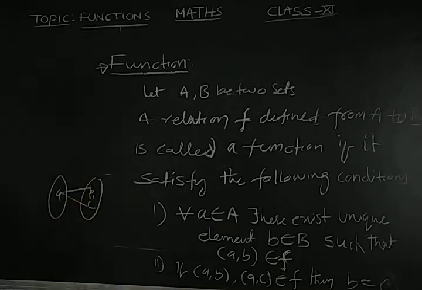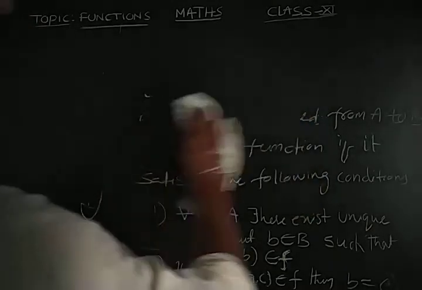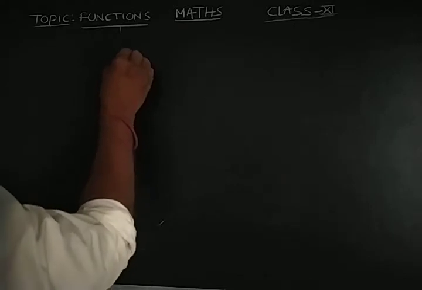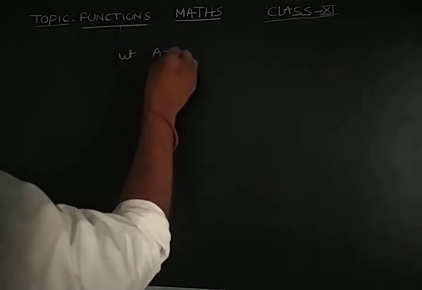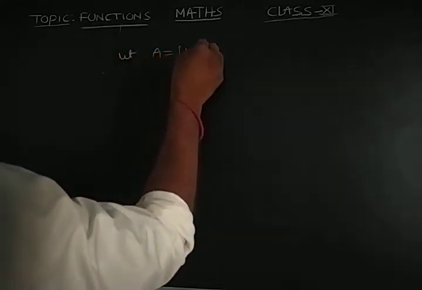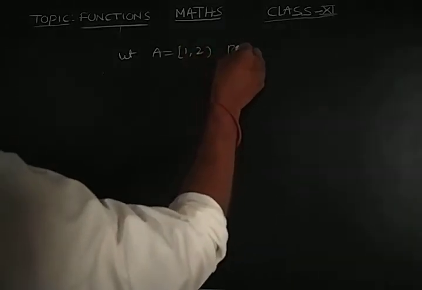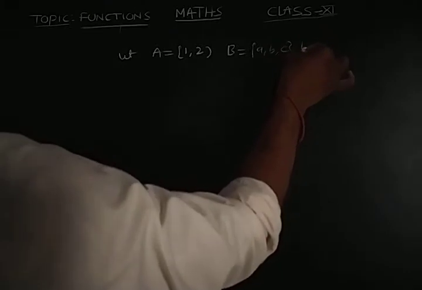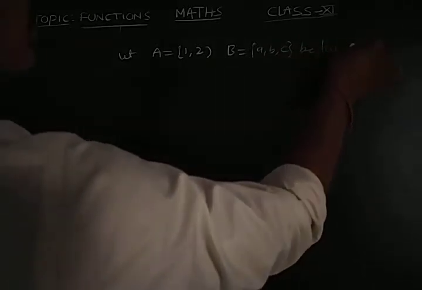Now let me give one example for a function. Suppose I am taking two sets, A is 1 comma 2 and B is a, b, c.